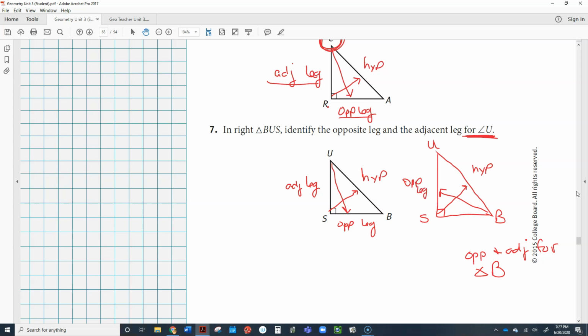And then the only one left is adjacent. Okay, this is probably the most important part of this lesson, being able to label opposite and adjacent legs, because that is the starting place for all of your trig ratios, sine, cosine, and tangent.